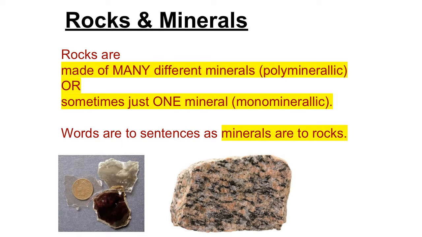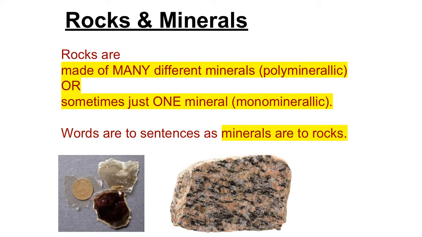Rocks are made of many different minerals. Sometimes we call those rocks polymineralic because the root poly means many. The root mono means one, and sometimes rocks are made up of just one mineral.